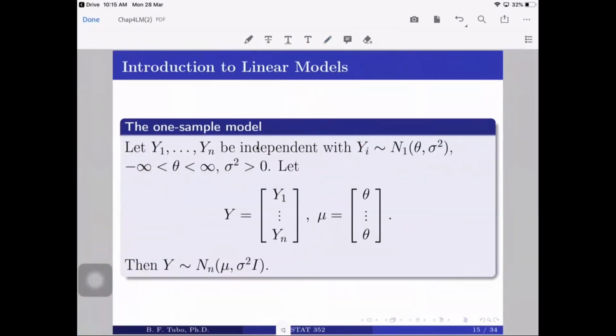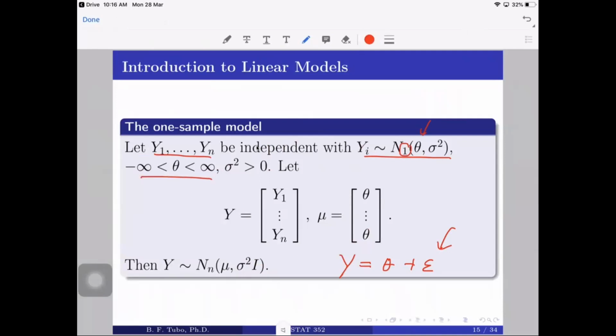Okay, so let us see this using some matrix notation here. As a model, this is just y equal to theta plus some error term, no? Later you will see some assumptions on the error term. So for the one sample model, let y1 to yn be independent, where each of the yi's is normally distributed, univariate, with mean theta and variance sigma squared.